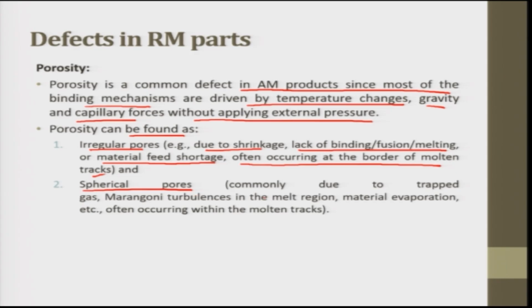Spherical pores are due to trapped gas and Marangoni turbulences in the melt pool, material evaporation etc., often occurring within the molten tracks. So, for instance, this is the material and these are spherical pores. Irregular pores can be something like this. A pore is there that is irregular in shape.